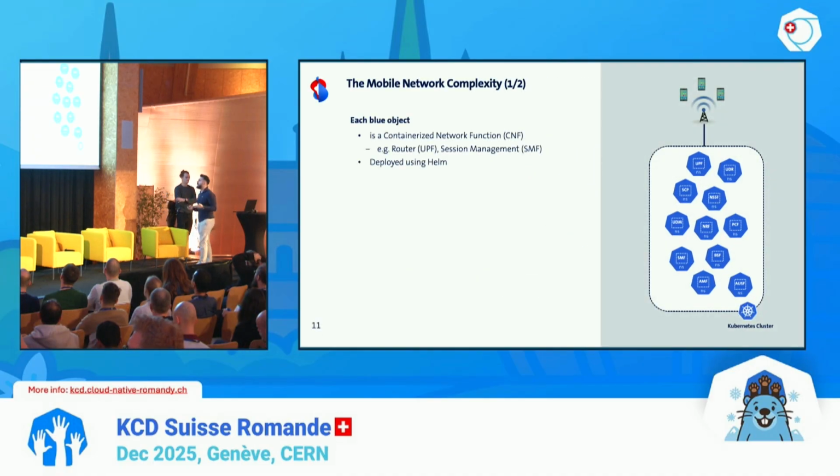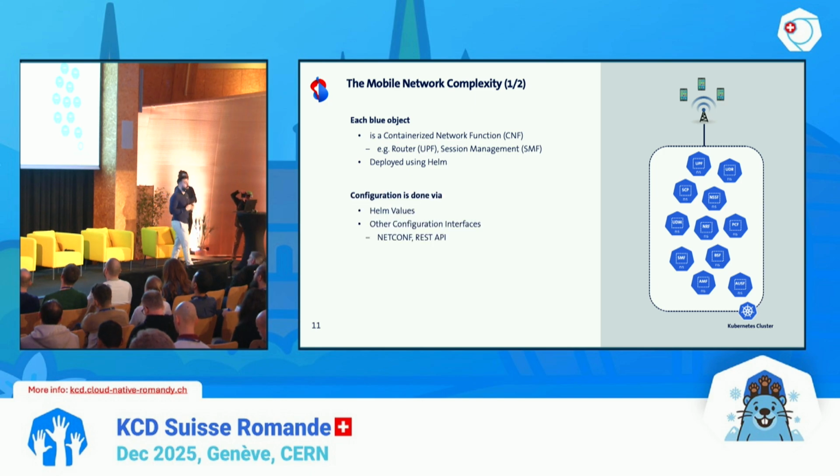To go into more detail, why is this complex? First of all, I will start by introducing what each blue object is. As I said, every NF, every network function, is a containerized network function, which means we put them into containers, and we deploy them via Helm.